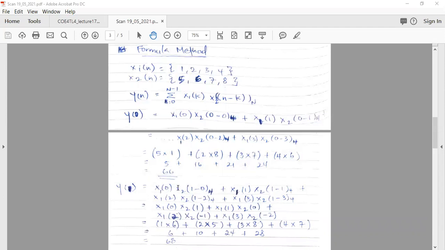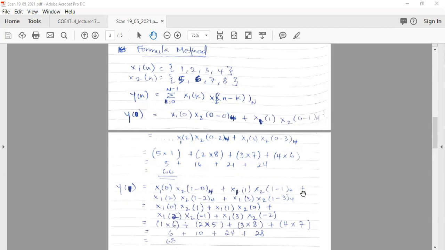Again, x1 of 0, x2 of, in this particular case, my n is 1 minus k, where k is 0, with a modulo of 4. This 4 is basically indicating it's a periodic signal of 4 points. Plus again x1 of 1, x2 of 1 minus 1.